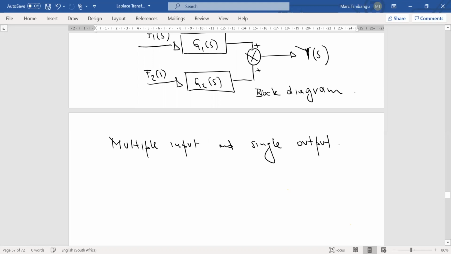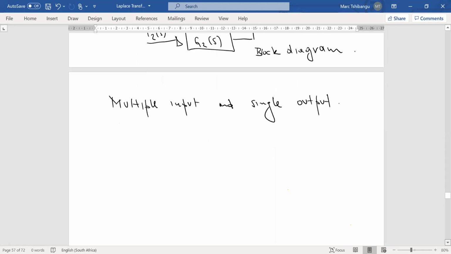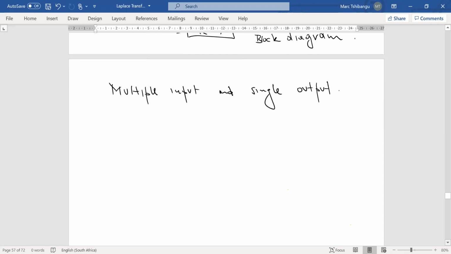So the block diagram of such a process will be, for each input, you're going to have a transfer function.